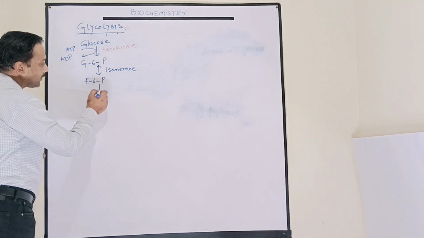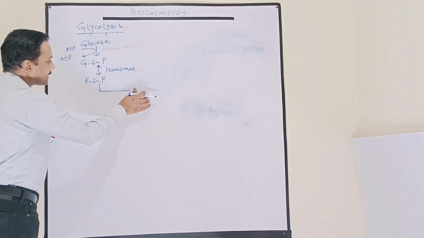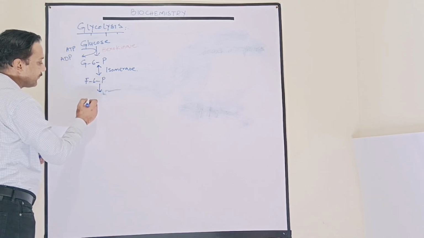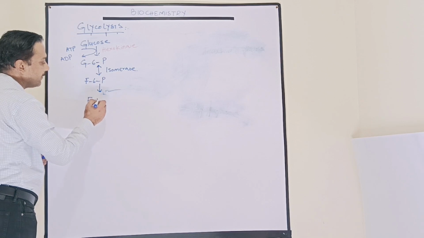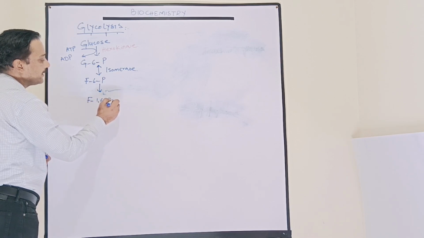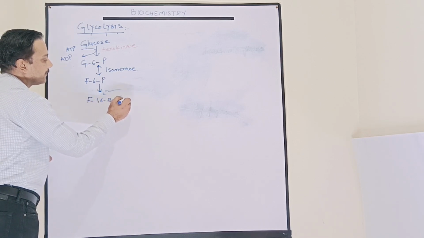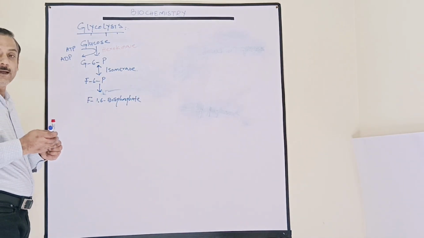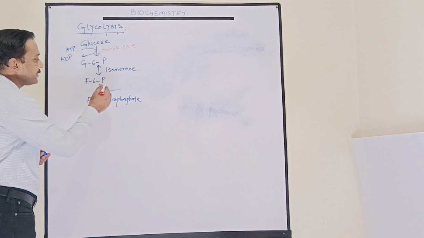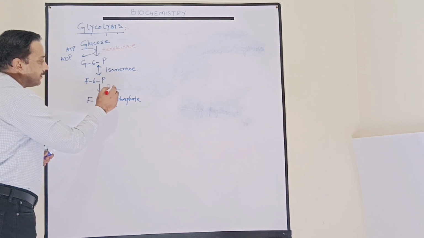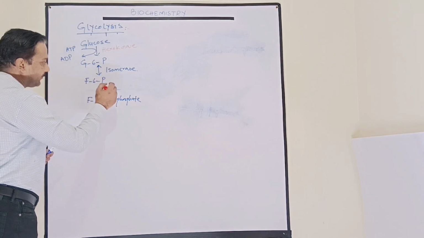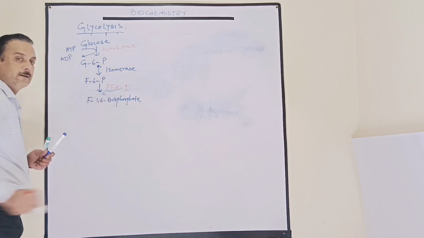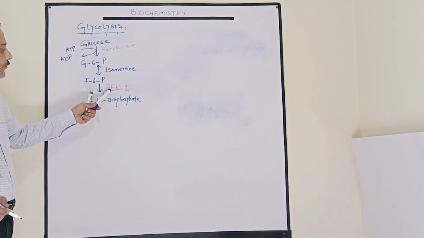This fructose 6 phosphate in the next step is converted into fructose 1,6 bisphosphate. The enzyme responsible here is phosphofructokinase 1, PFK1.